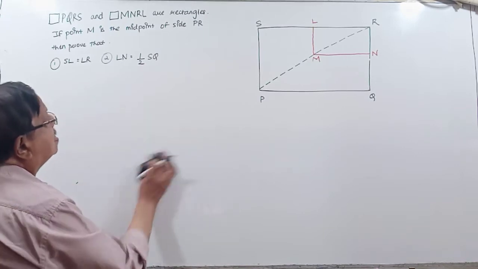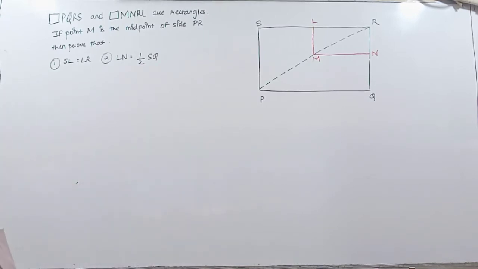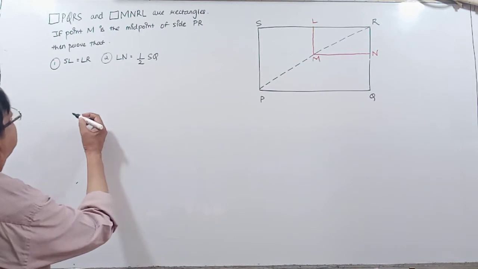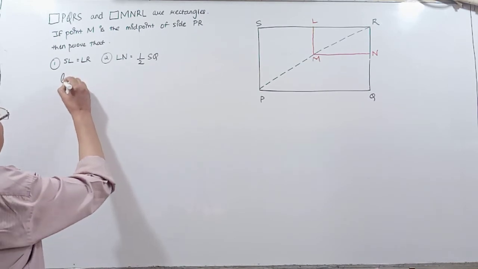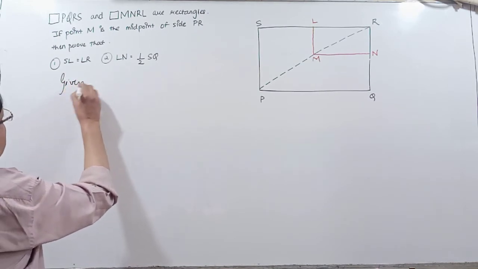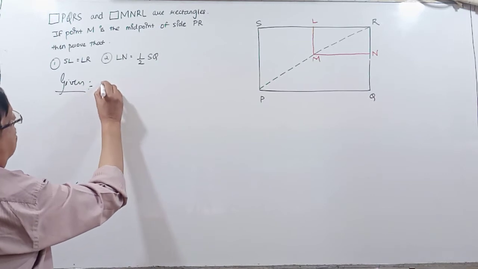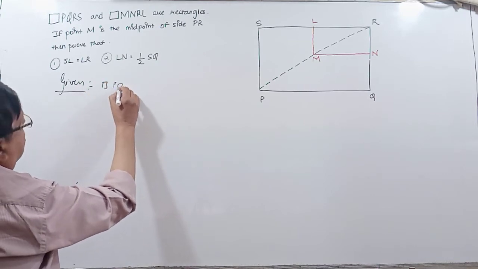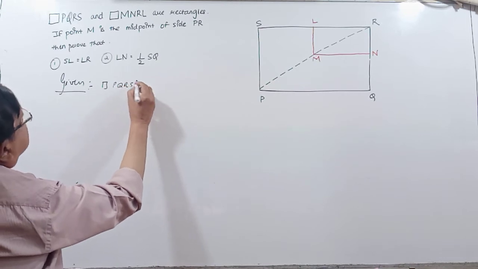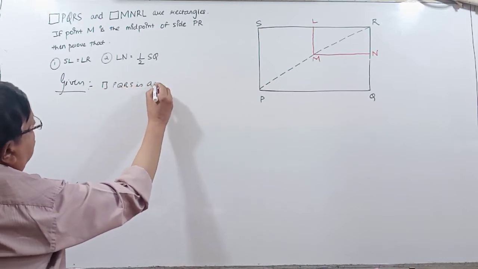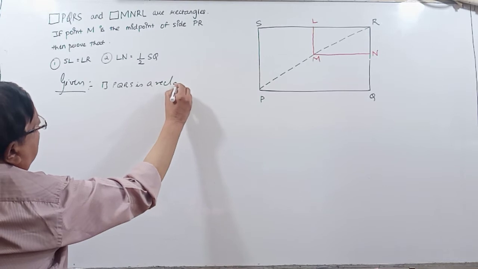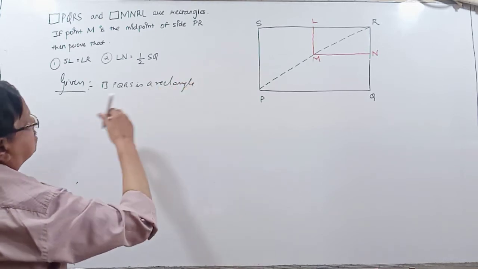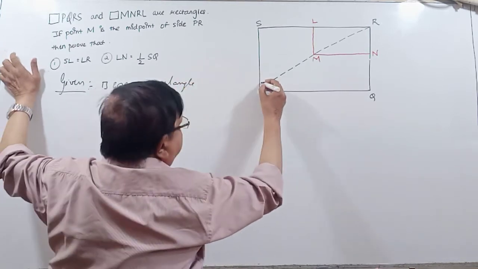Okay. Now, proof. Given: quadrilateral PQRS is a rectangle. It's a rectangle, all angles are 90 degrees.